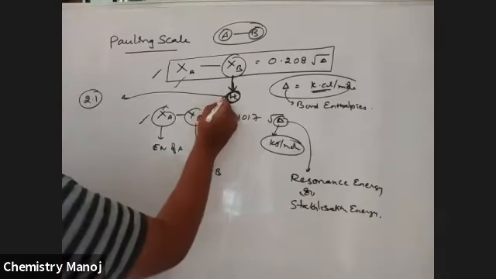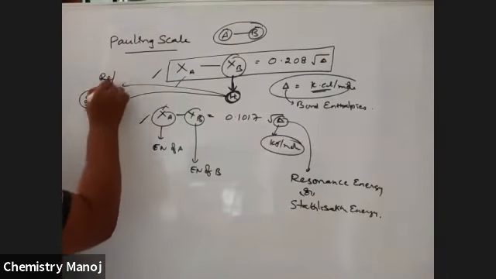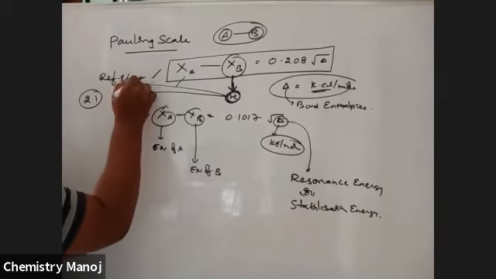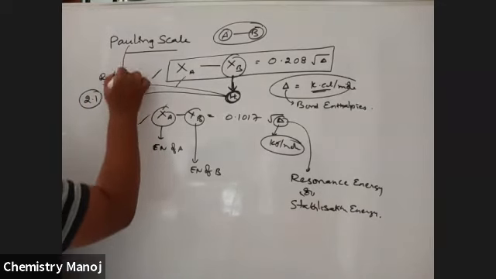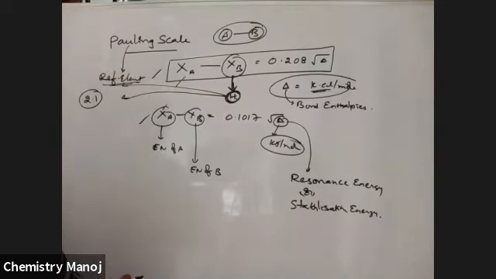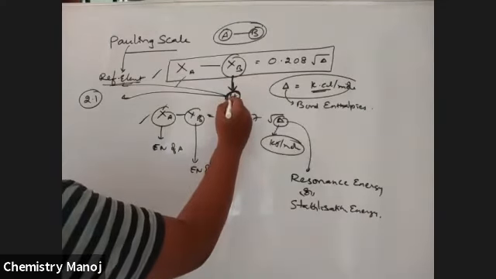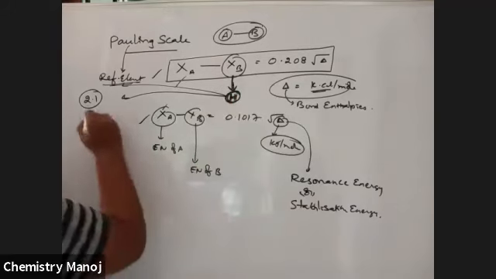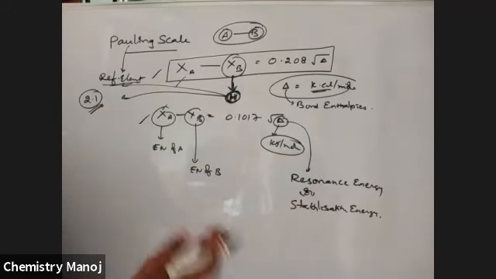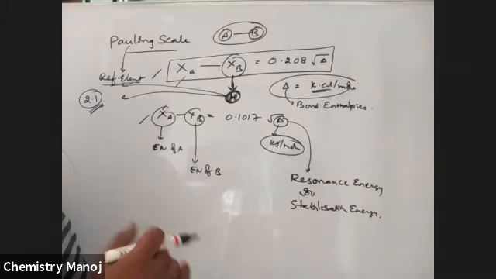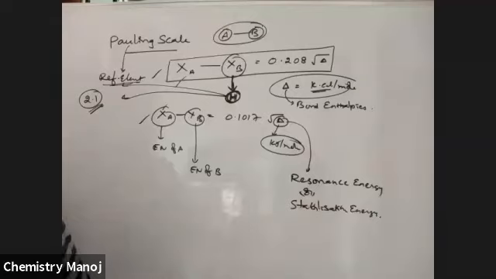This hydrogen is taken as a reference element in the Pauling scale. In the Pauling scale, during calculation of electronegativities, what is the reference element? That is hydrogen. Its electronegativity is fixed at 2.1. Why is that? It is taken by scientists arbitrarily. It is the fixed value. So by taking hydrogen electronegativity as 2.1, the remaining elements' electronegativities are calculated by using this format.